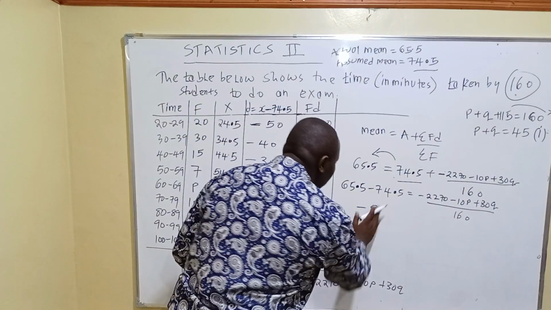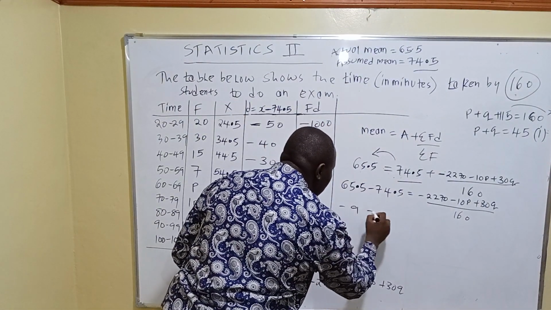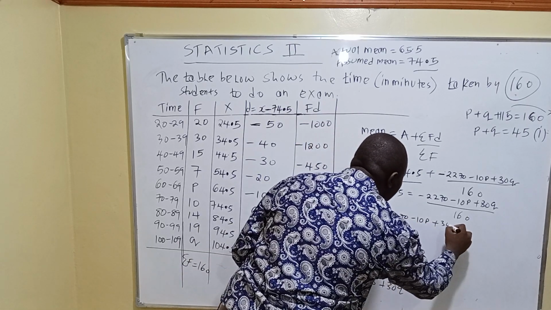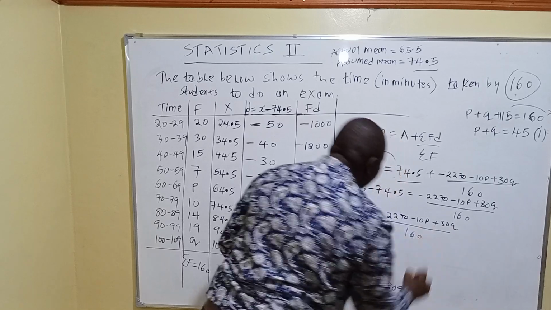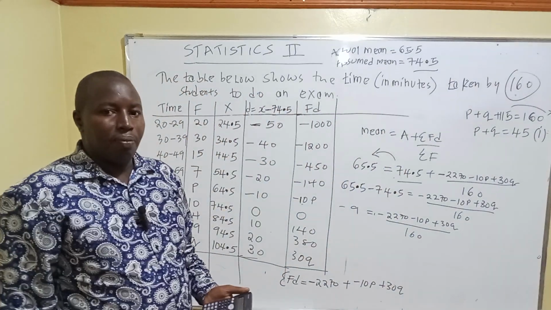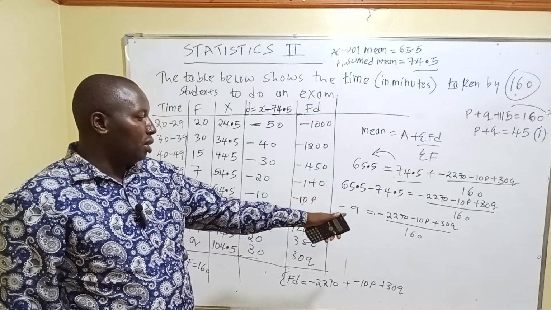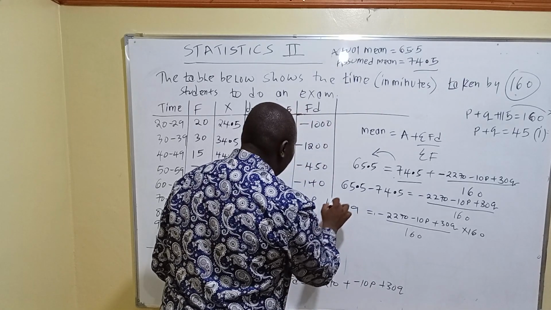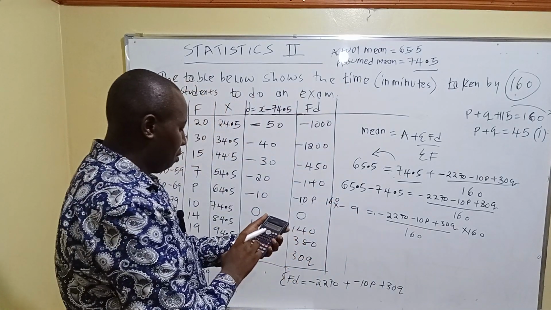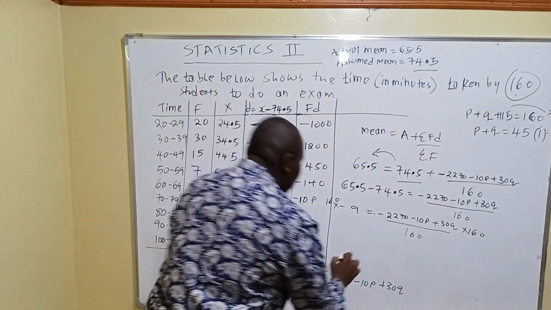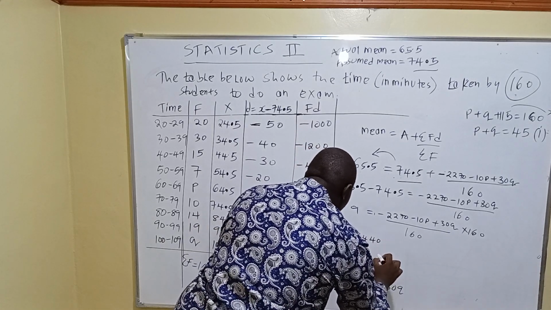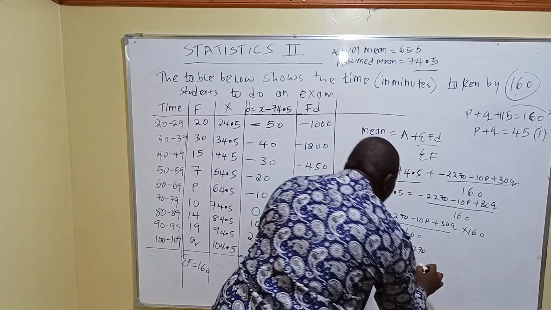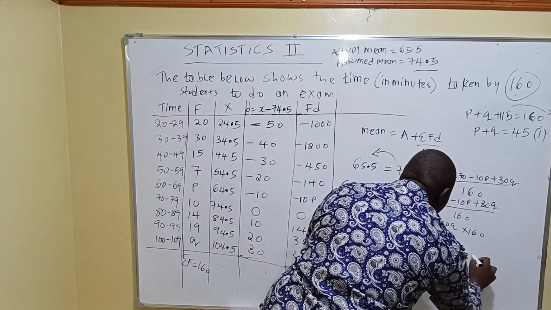Negative 9 is equal to minus 2270 minus 10P plus 30Q, all over 160. To remove the denominator, multiply both sides by 160. You get minus 1440 is equal to minus 2270 minus 10P plus 30Q.